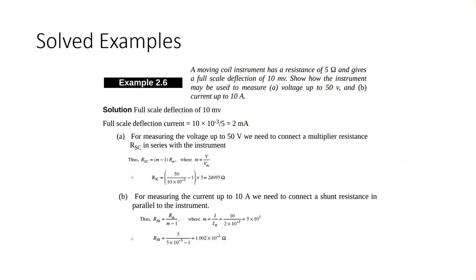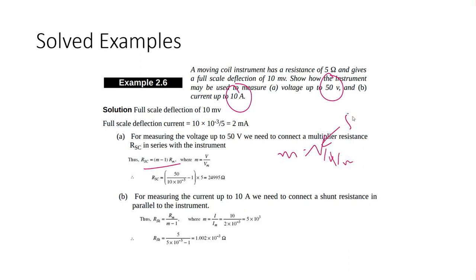Okay, in this problem we want to convert a galvanometer to two different things, a voltmeter and an ammeter. A voltmeter that can measure 50 volts and an ammeter that can measure 10 ampere. We have the formula that RSC is equal to (M minus 1) into Rm, and M is equal to V by Vm.